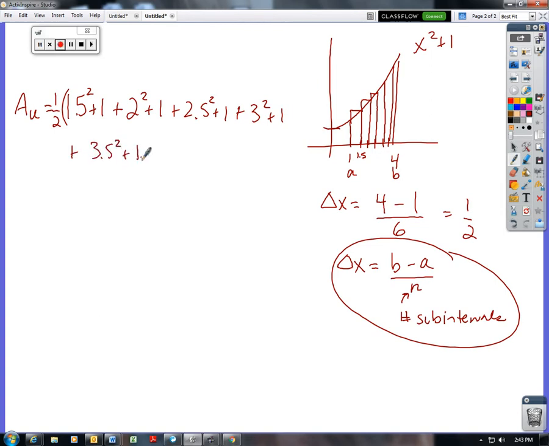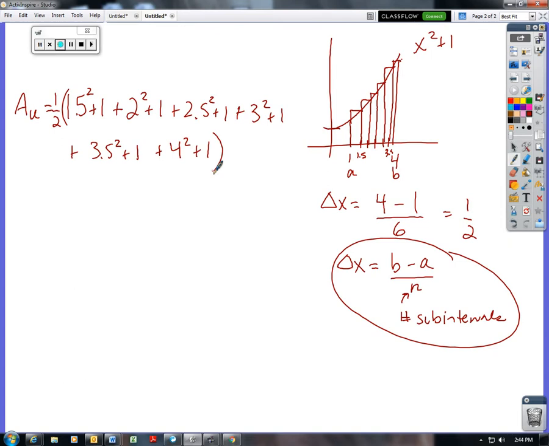Now notice as you get towards the end here, actually this one right here is 3.5 if I'm doing the upper ones, and you should have 6 there. So it does go all the way up to 4. So I do need 4 squared plus 1.